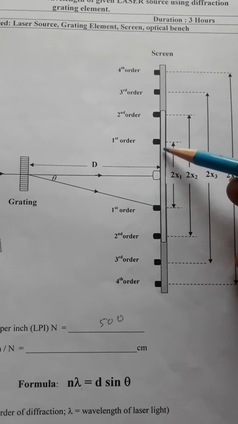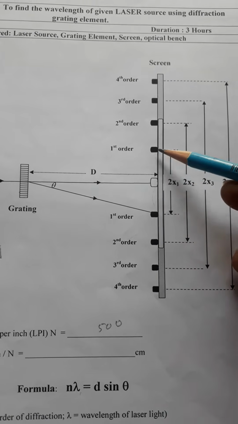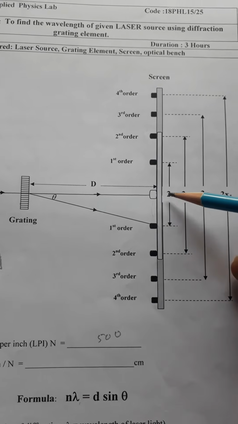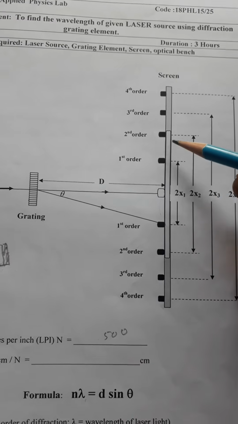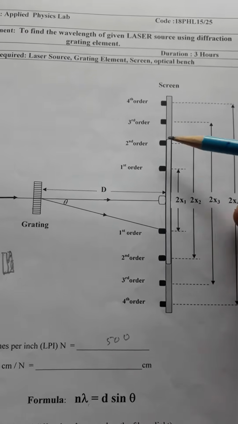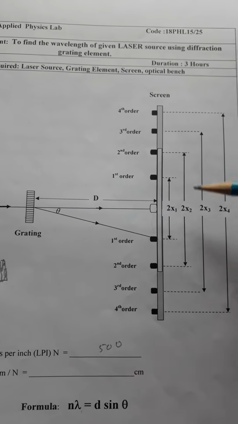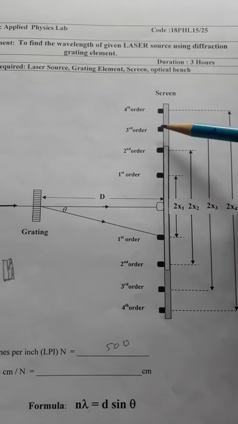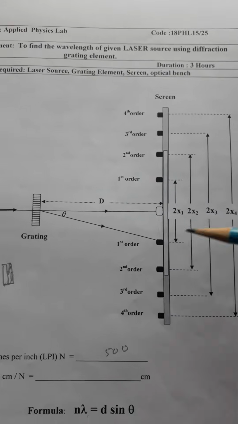You will have markings on your graph sheet: this is the 0th order, and these two are the first order. You write down the distance 2x1, then the distance between the spots for the second order is 2x2, then 2x3, and 2x4.